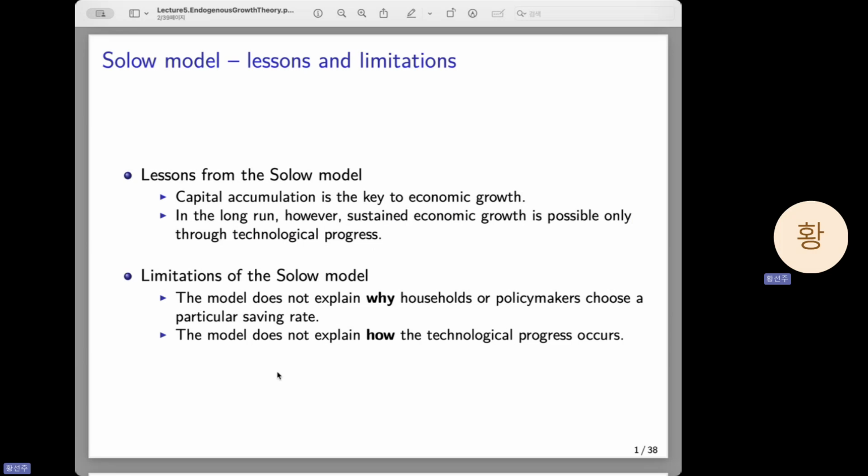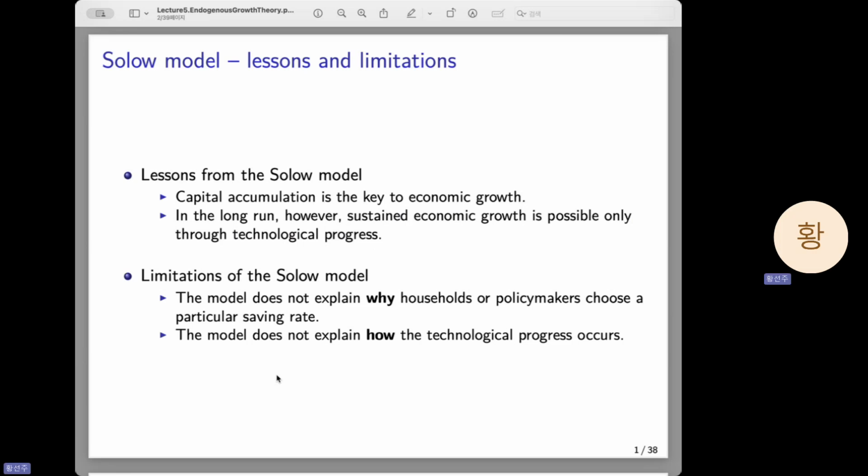And second, it does not explain how technological progress actually happens. It just assumes that some exogenous force, for example, innovation, education, or government policy, increases productivity at a constant rate. So we can say that the Solow model is very powerful, but it is incomplete.